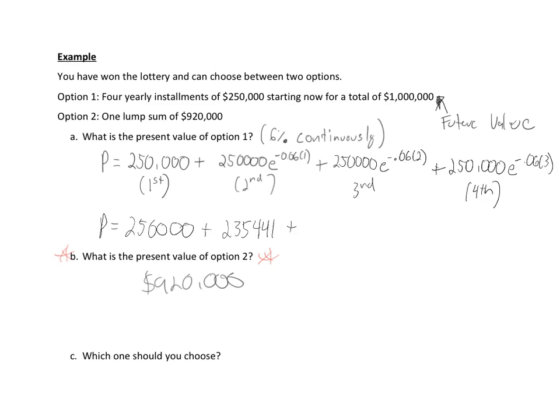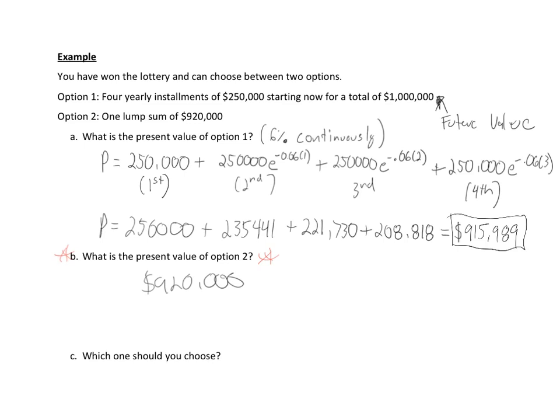The third payment would be $221,730, and the fourth payment $208,818. And so we get a total that this is worth $915,989 in terms of the present time.